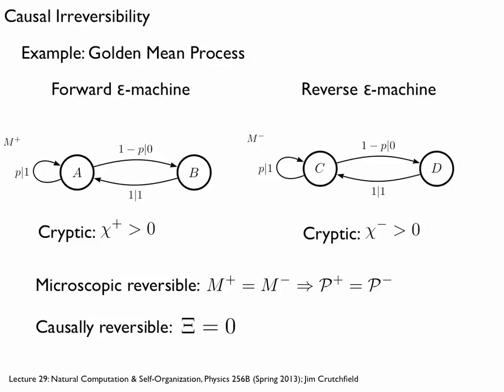So if I reverse it, I get the same thing, like this. If I see a 0, I must see a 1. So, like the even process, although it has this crypticity property, there's a difference between the mutual information, the observed information, and the state information. It still is causally reversible and also microscopically reversible because the epsilon machines are the same.